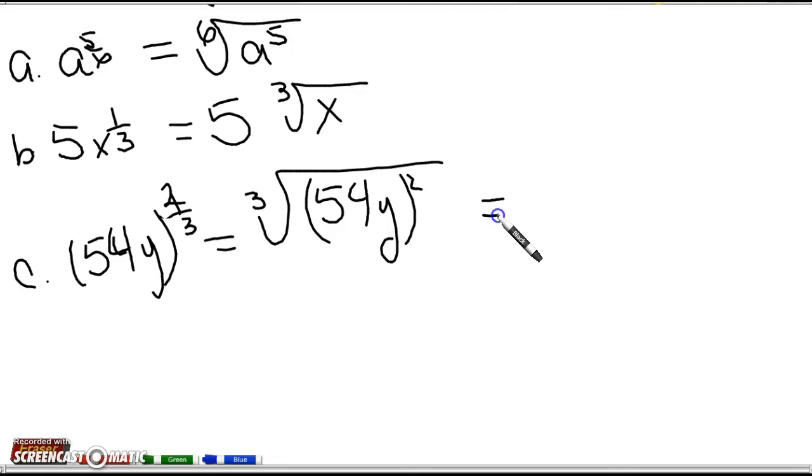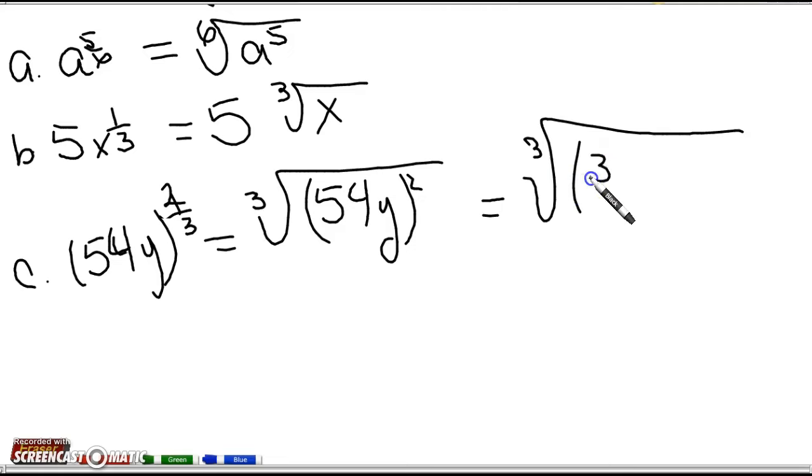So we'll see. I have the cube root of 54, and 54 is 9 times 6. That's one way of thinking about it. Let's do it instead of 9, I'll say 3 times 3, and instead of 6, we'll say 3 times 2y, all to the 2nd power.